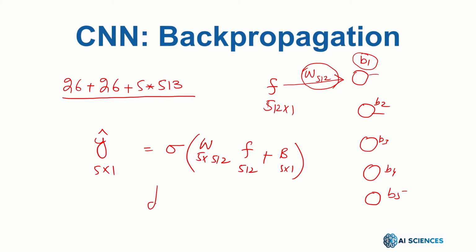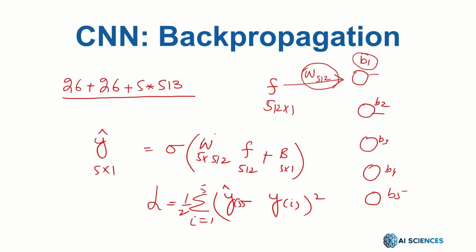Our loss is the sum over all indices i, varying from 1 to 5, of the square of y hat minus y, with a constant term of 1 over 2.